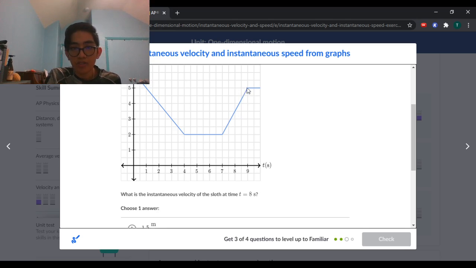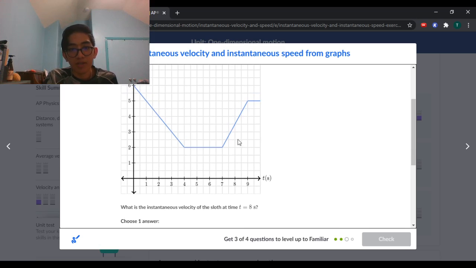You can find the slope of this segment and deduce that this object has been traveling at that speed or velocity for its entire duration. It doesn't matter whether you have kinematics; as long as you have a graph and the average velocity formula at your disposal, you can find the instantaneous velocity.